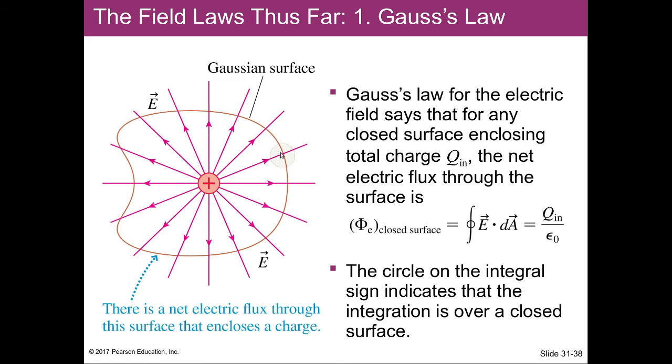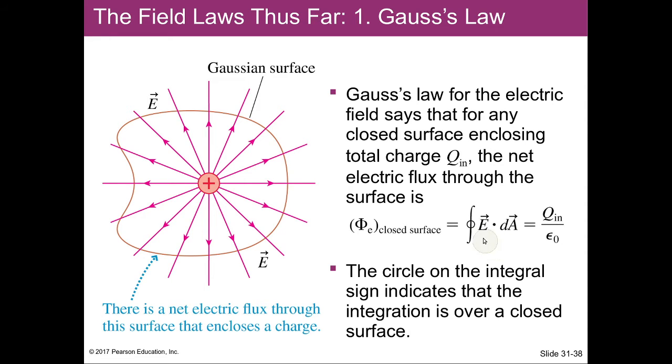So if here we have a cutaway view of that two-dimensional surface in three-dimensional space enclosing a charge, then every field line radiating out from that charge is going to have to cross through the surface, and so the net charge inside the enclosed space is proportional to the flux of the electric field through that surface.